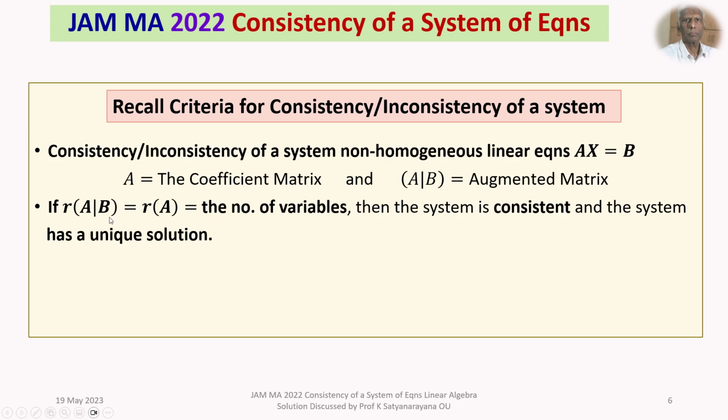and the system has a unique solution. If the rank of the augmented matrix is equal to the rank of the coefficient matrix, which is equal to the number of variables, then the system has a solution and it is unique.